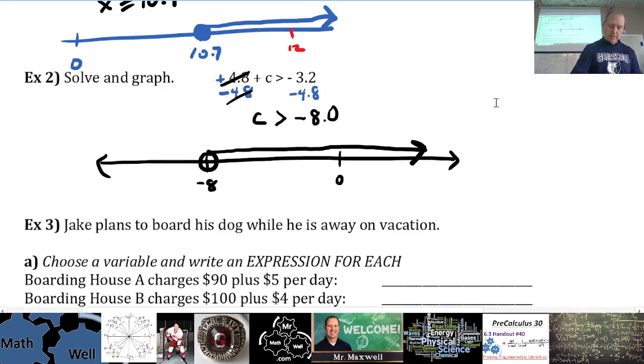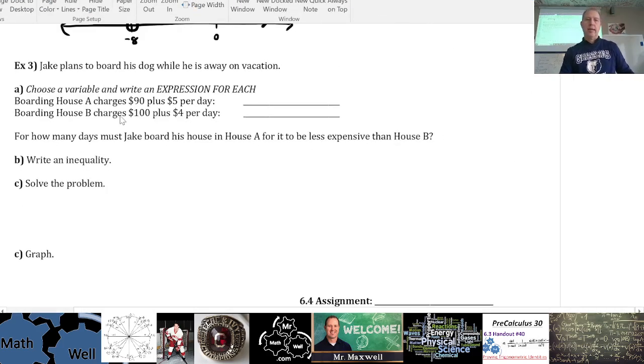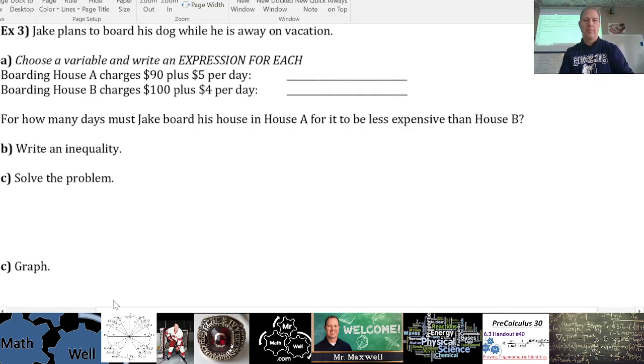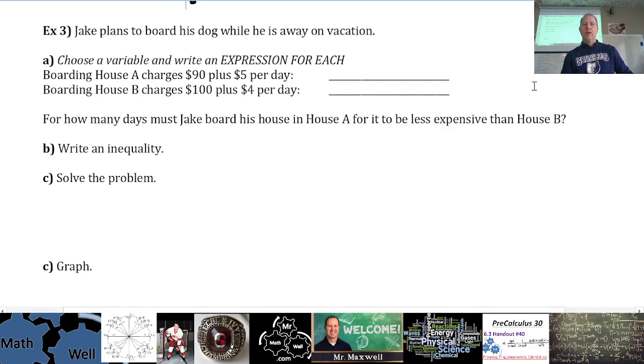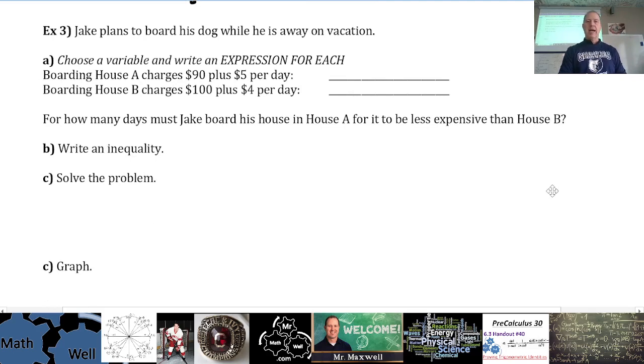Let's do a word problem, and then we'll be mostly done this lesson. Okay? Word problem. All right. So Jake plans to board his dog while he is away on vacation. Choose a variable and write an expression for each. Okay, so the boarding house charges $90 plus $5 per day.